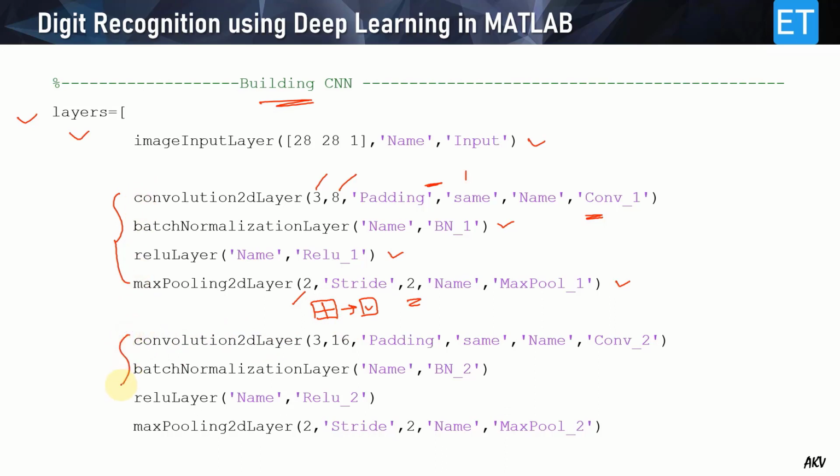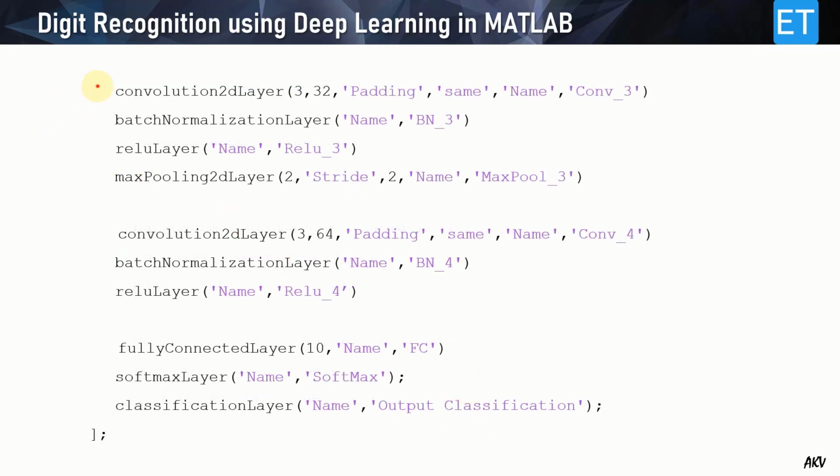After that the same bunch of layers is repeated, but you have to increase the number of filters, that means the number of neurons. That will give more complexity and more capability to your network. In the first convolution the number of filters is 8. In the next convolution the number of filters is 16, and the rest of the things remain the same.